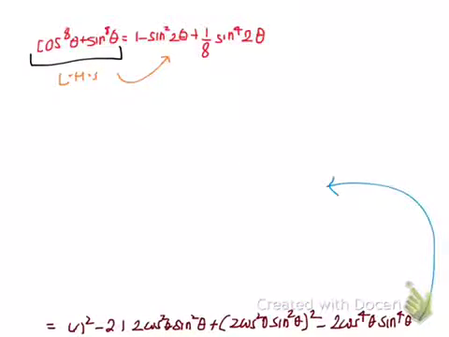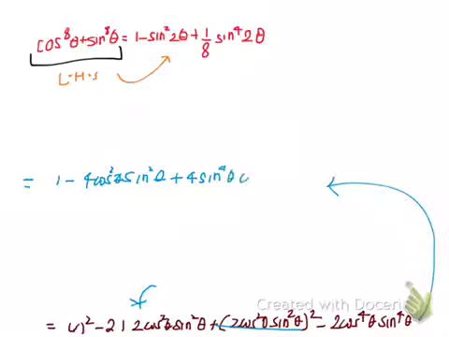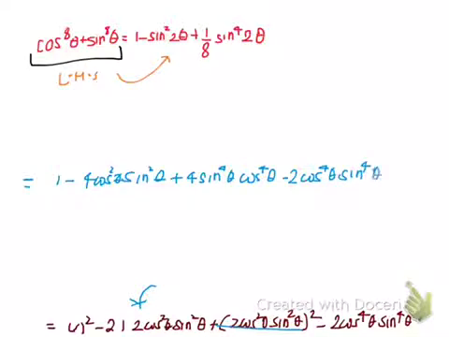Now let us see what we have here. 1 squared is 1, and 2 times cos squared theta sine squared theta is 4 cos squared theta sine squared theta, and then I have 2 cos squared theta sine squared theta whole squared, which is definitely 4 sine to the power 4 theta and then cos to the power 4 theta, and at last I have 2 cos to the power 4 theta dot sine to the power 4 theta.